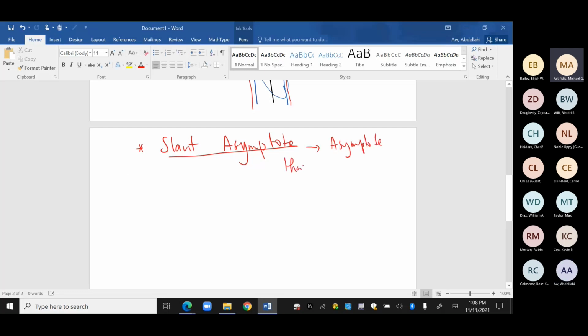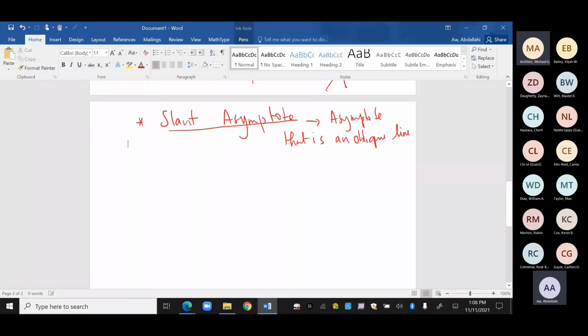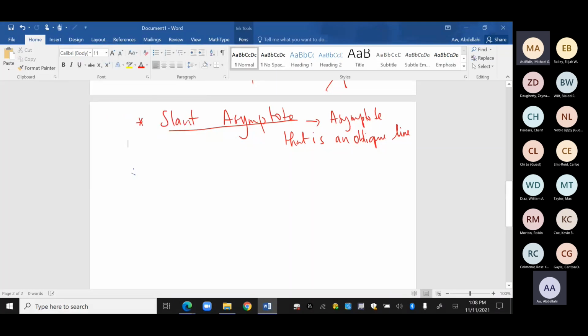We have vertical asymptote, horizontal asymptote, and now a slant asymptote. When does it happen? It happens when the degree of the numerator is equal to 1 more than the degree of the denominator.